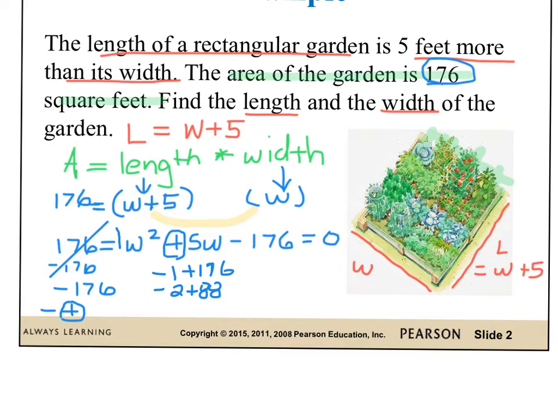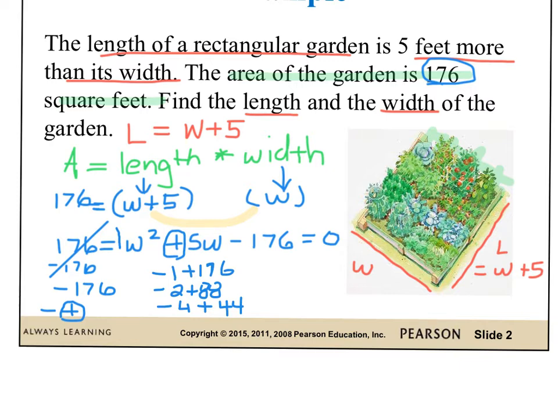And 176, I don't think can be divided by 3. Nope. It is divisible by 4. It isn't divisible by 5 because it doesn't end in 0 or 5. Since it wasn't divisible by 3, it's not going to be divisible by 6 either.